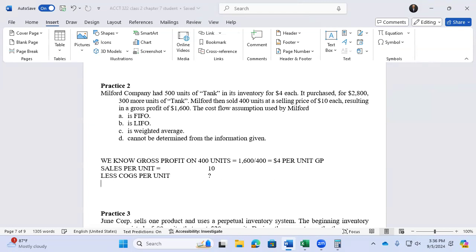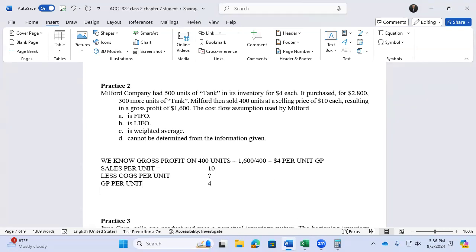Then we know that the gross profit per unit is $4. So our cost of goods sold per unit is equal to $6, right? My sales price minus my cost gives me my gross profit per unit.